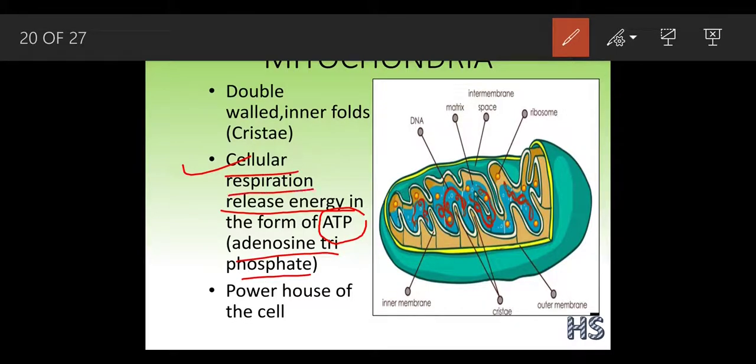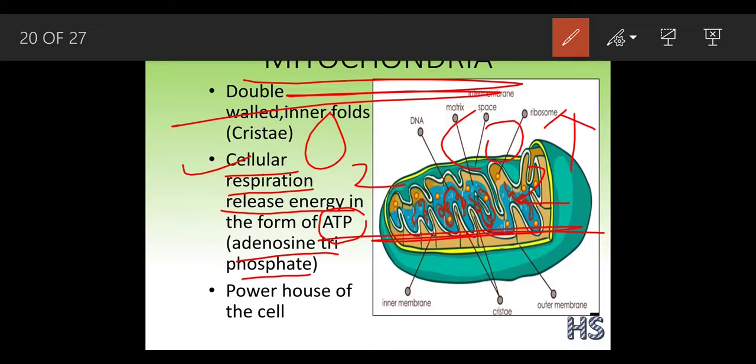Cellular respiration means we humans take in oxygen but release carbon dioxide, okay. This taking in of oxygen and releasing of carbon dioxide happens inside the mitochondria. So that is why it is known as cellular respiration, which releases energy in the form of ATP.